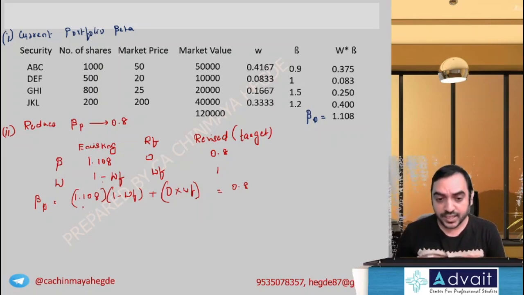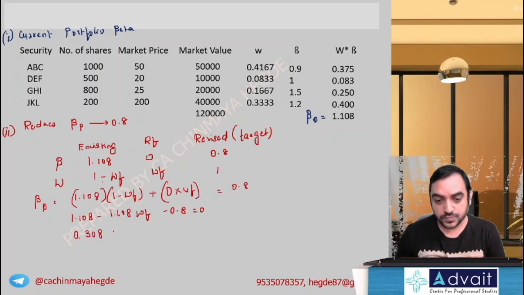Okay, anyway, let's write down here. What do we get? 1.108 into 1 means 1.108, minus 1.108 into WF means 1.108 WF, and 0.8 comes to the left side, minus 0.8, equal to 0. This goes to the right side. So 1.108 minus 0.8 means 0.308 equals 1.108 WF.